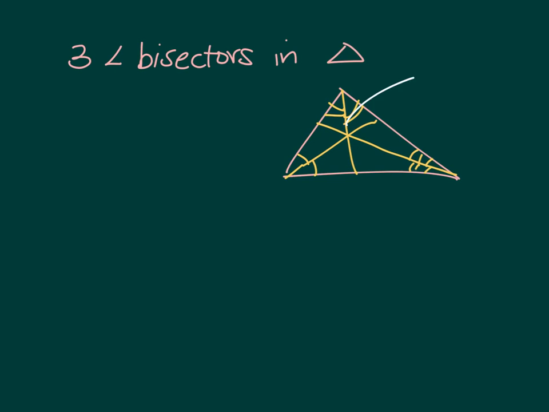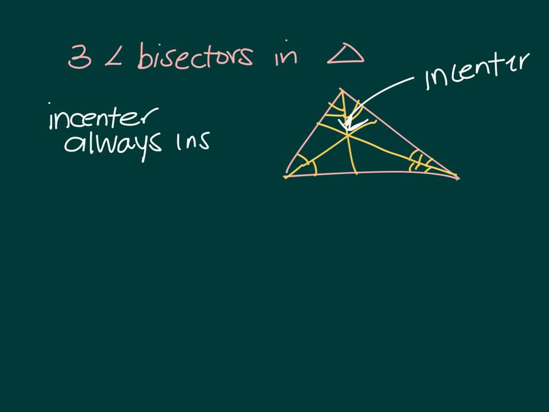The point where these meet is called the incenter. So the point of concurrency for angle bisectors is the incenter. And the incenter is always inside a triangle, no matter if it's acute, right, or obtuse. So perpendicular bisectors meet in, on, or out, and angle bisectors are always inside.